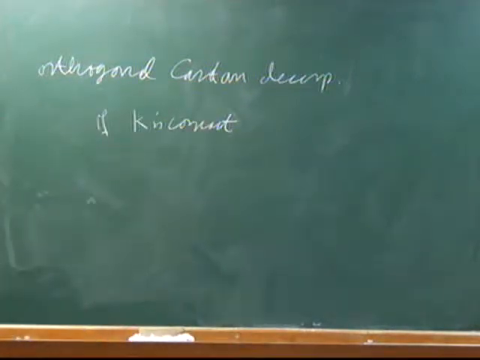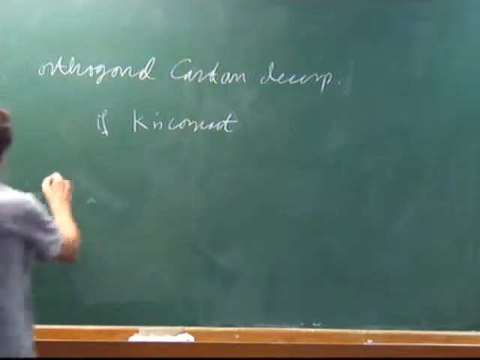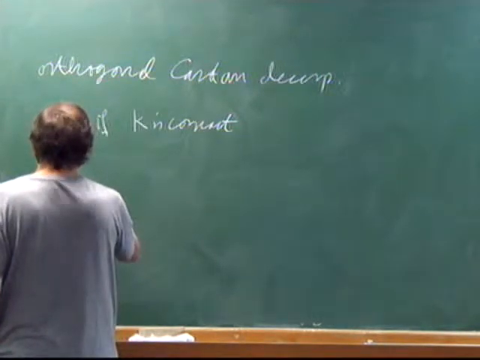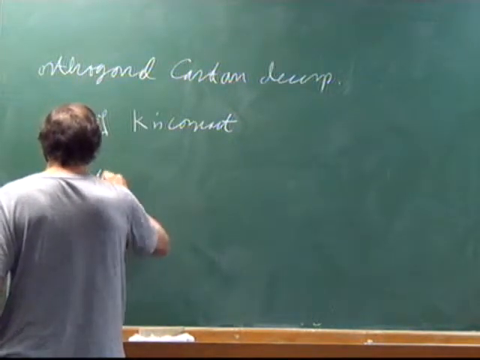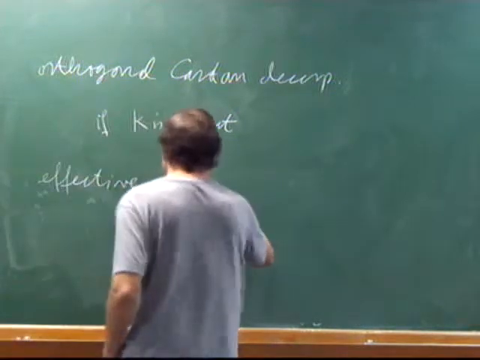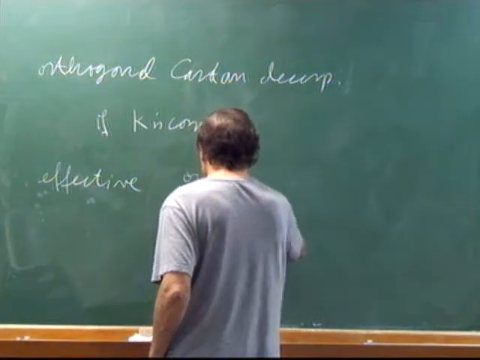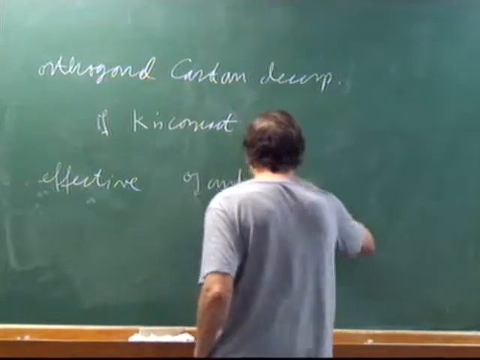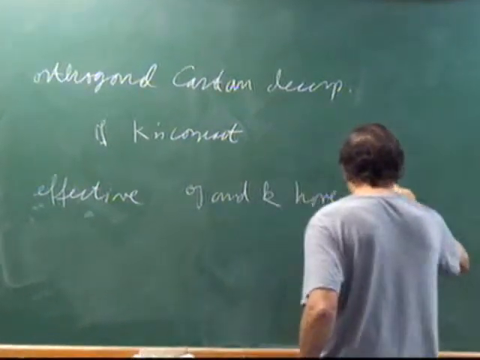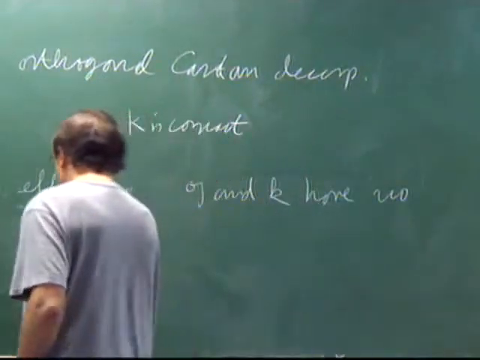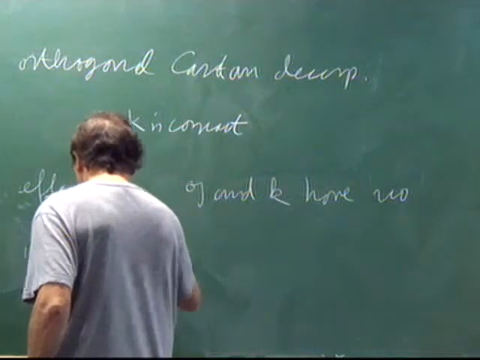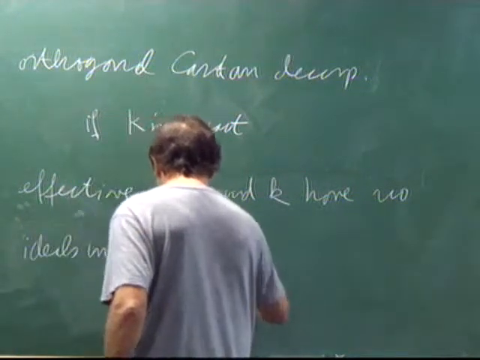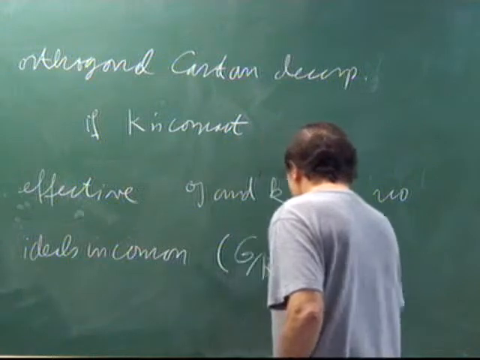This is my Lie algebra definition. That's a Cartan decomposition. Orthogonal means K is compact. And effective means g and k have no ideals in common, which remember means that G mod K is almost effective.